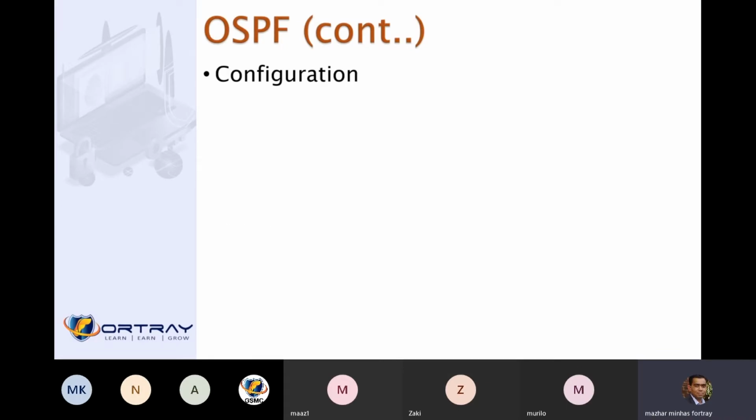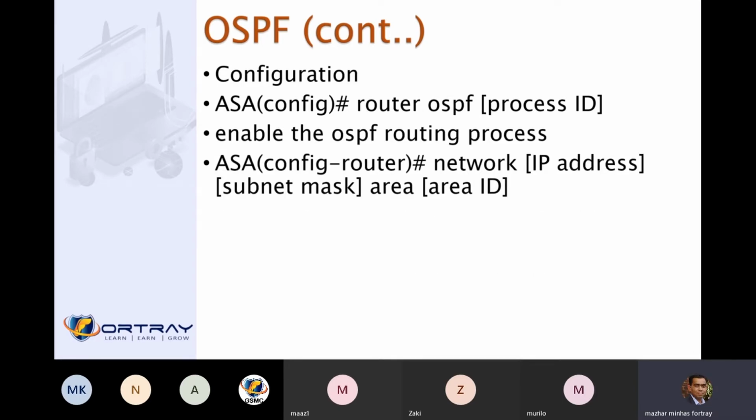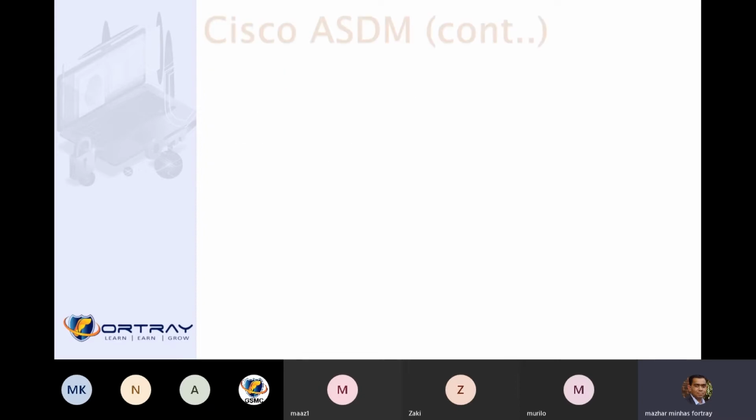The OSPF configuration is very simple: router ospf process, enable the process, then the network command, and you advertise the IP network address you want in OSPF.